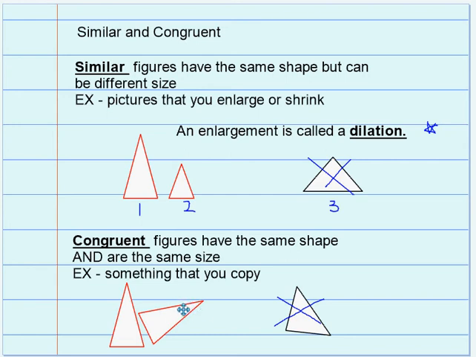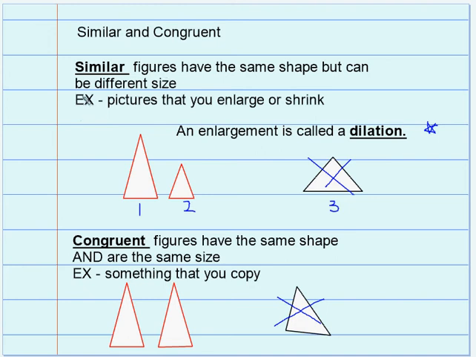The orientation, or the direction that it is on the paper, can be whatever it is, as long as when you rotate them, you would get back to what you're looking at, or your reference triangle. If you can rotate one triangle and it looks like the other one, then you may have similar or congruent figures.